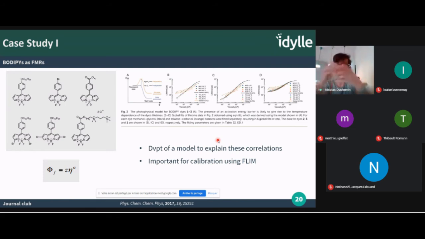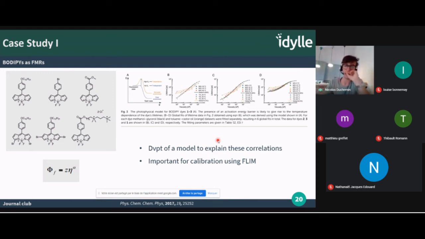Because in the end, it is important to say that if you have a compound that you consider to be a viscosity probe, it would give you the right viscosity through the right fluorescence lifetime, regardless of the temperature of your environment and the polarity, which can be very varying in nature.